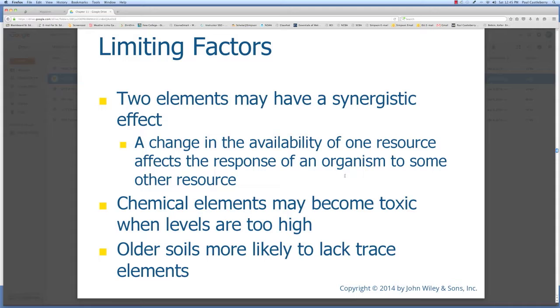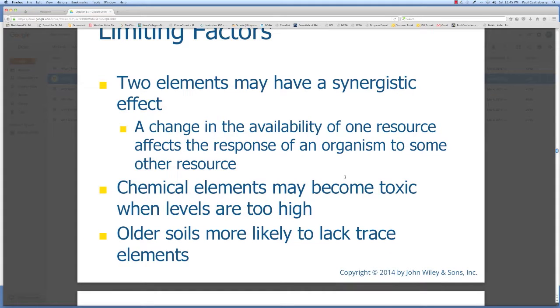Another example of that is the chemical elements may become toxic. I mentioned that earlier. We talked about some of the micronutrients that in very small concentrations can actually be quite toxic. Macronutrients, an excess of nitrogen, phosphorus, potassium in high concentrations can be toxic as well.